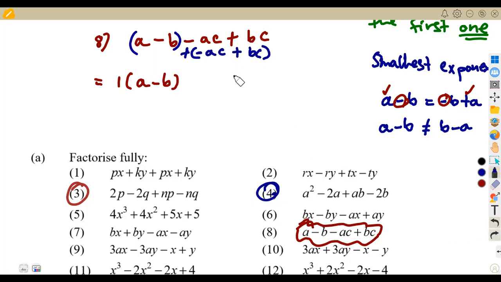Okay, so let's consider this, guys. We want to factor out so that our A is supposed to be positive. Take note, A is supposed to be positive, but here A is negative, all right? B is supposed to be negative, but here B is positive. So which sign am I supposed to factor out?